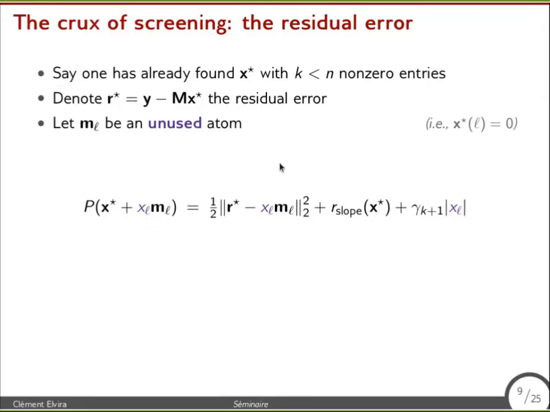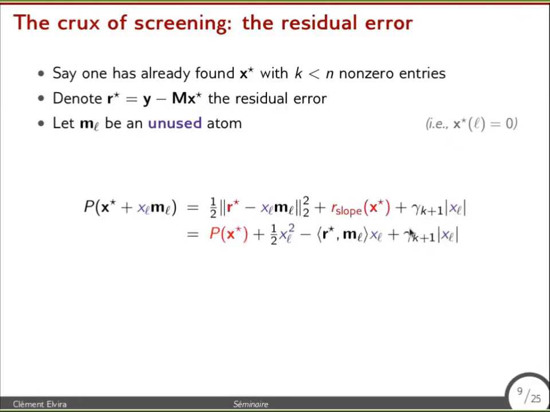So if you do the math, you see that whenever the new entry is sufficiently small, you can rewrite the cost function using the residual at optimality plus the new entry I want to activate. You can make the slope regularization at optimality appear plus the new non-zero entry. This is true whenever x_l is sufficiently small.